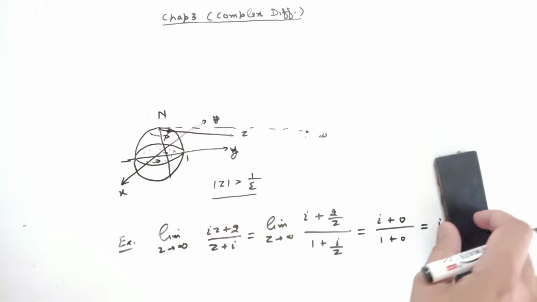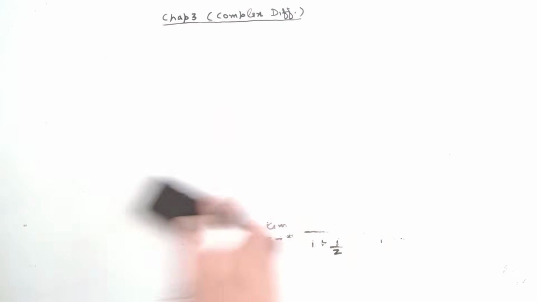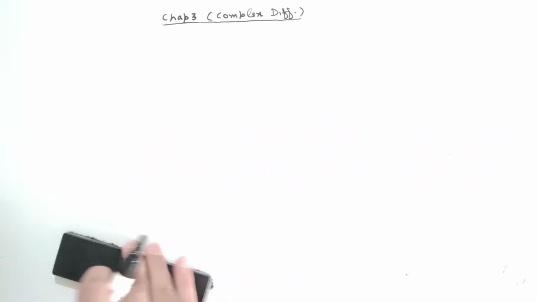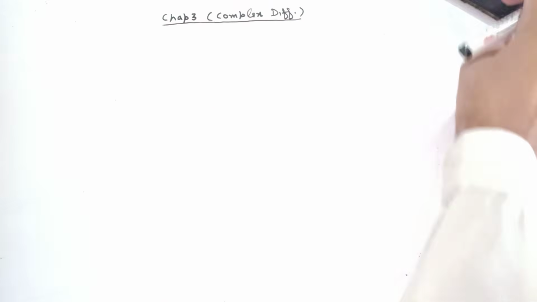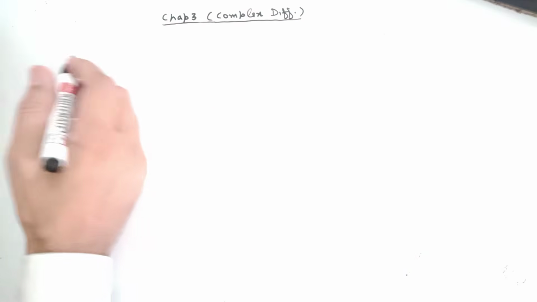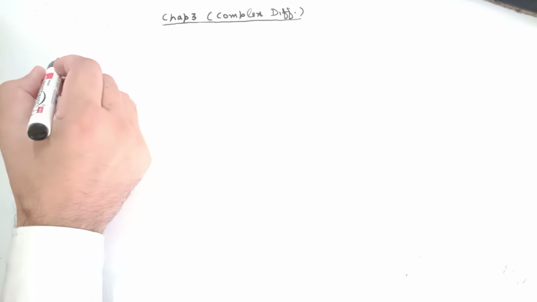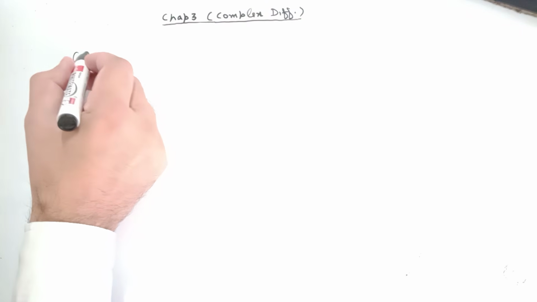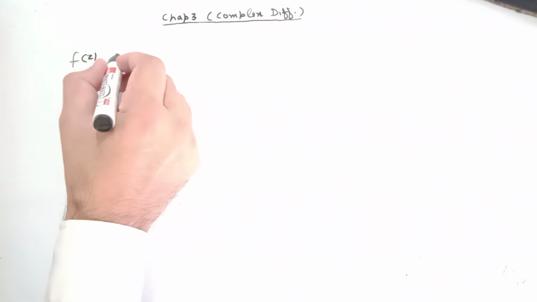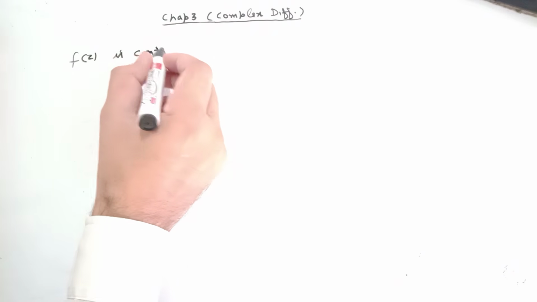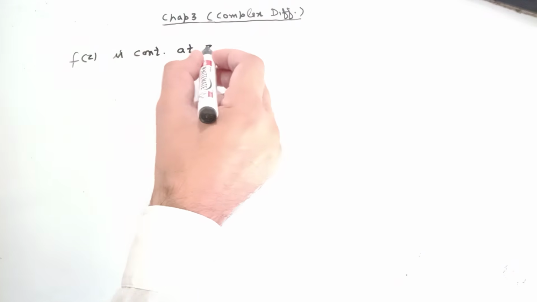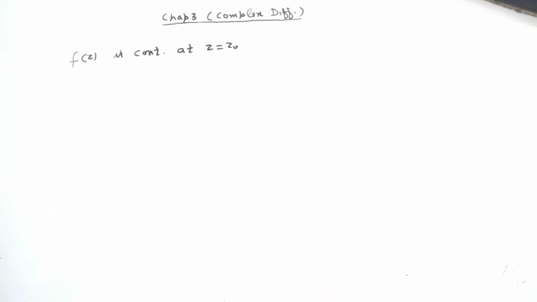Next, continuity of f(z). Because after continuity we will go to differentiation. When do you say the function f(z) is continuous at a point z equal to z0?